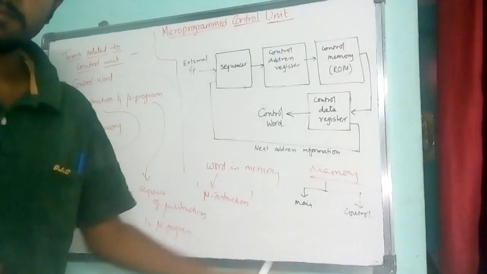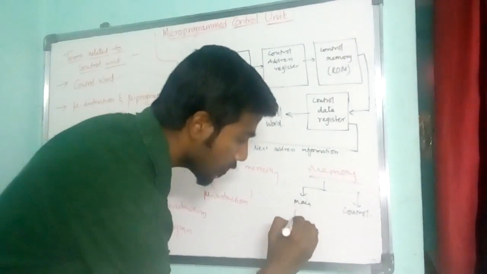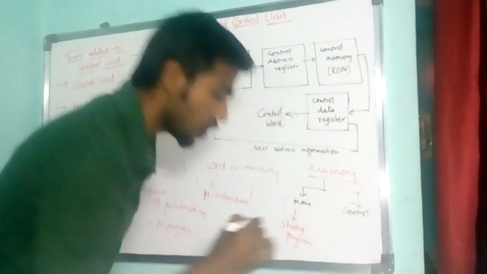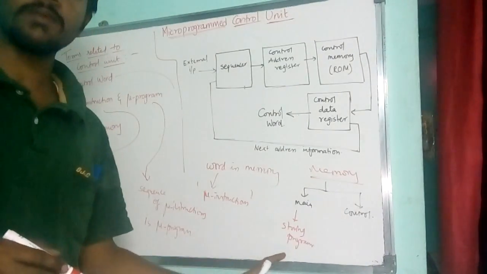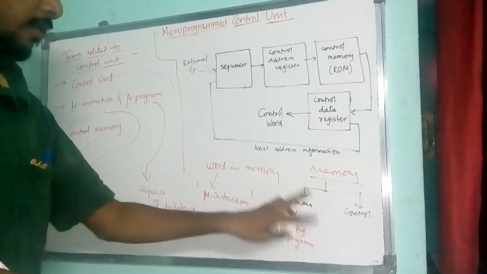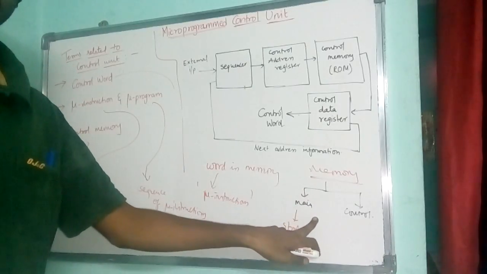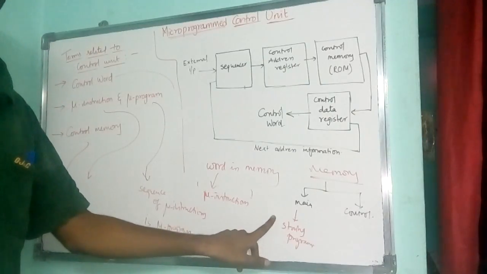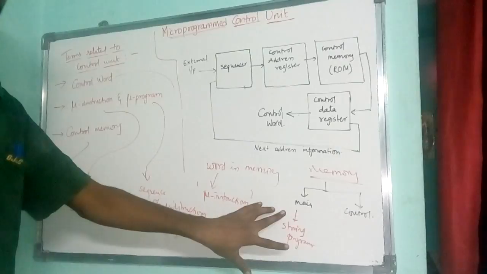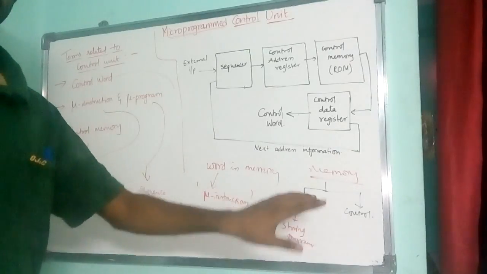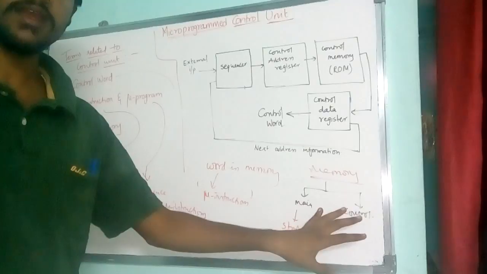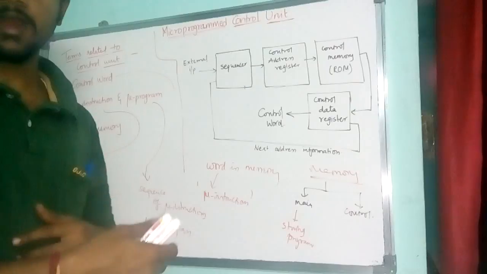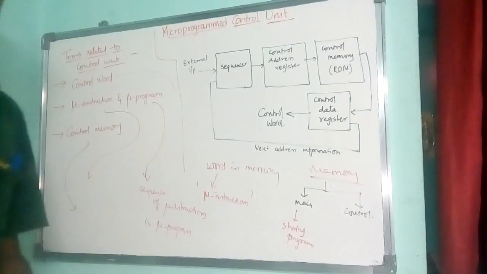Main memory is used for storing programs. Whenever you alter the instructions in the program, the micro instructions and micro operations change, and the data in the main memory is altered. That means it can be altered whenever we require. But when it comes to control memory, that memory is fixed.